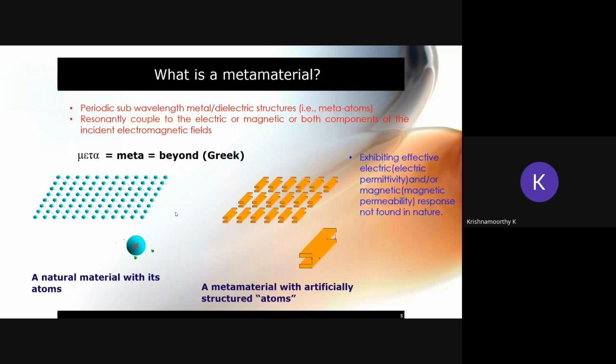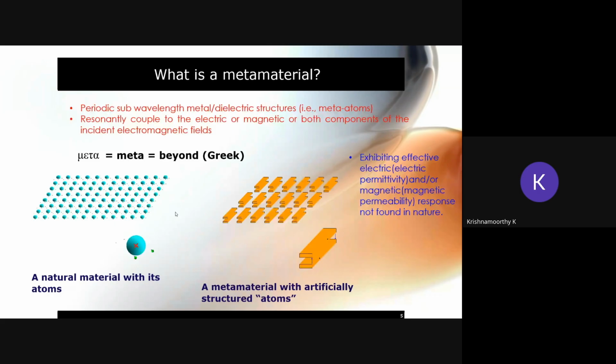We know that conventional, naturally available material is made up of atoms. Whenever an electromagnetic wave is incident on any material, in the case of a dielectric, the displacement of the atoms gets enlarged, and because of that some dipole moment is going to form.